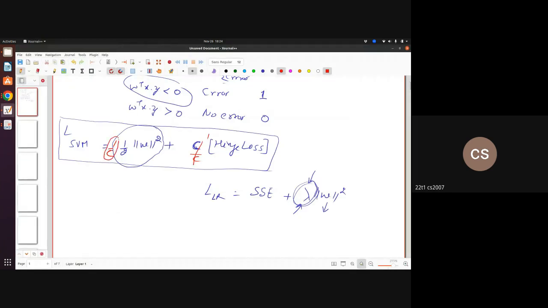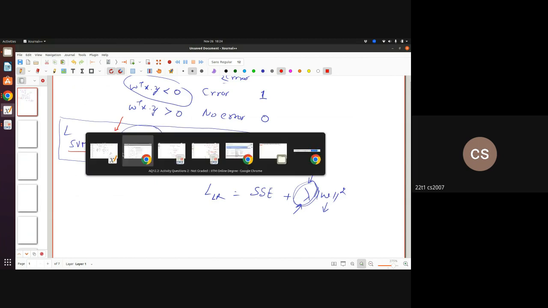This 1 by C reduces, which means the regularization strength reduces. So in case of SVM, the regularization strength is inversely proportional to the value of C, right?